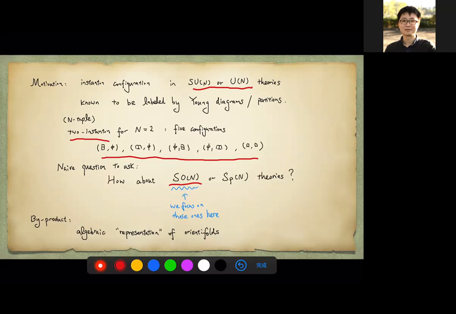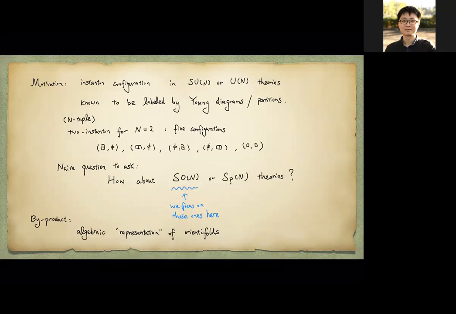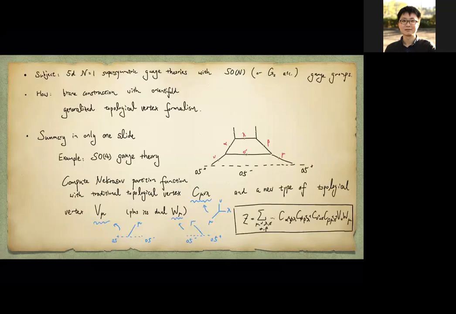I will also mention a little bit later that we might be able to obtain some algebraic representation of the orientifold, as the effect of the orientifold will be included in the calculation as a vertex or vertex operator, like the V_μ mentioned here.